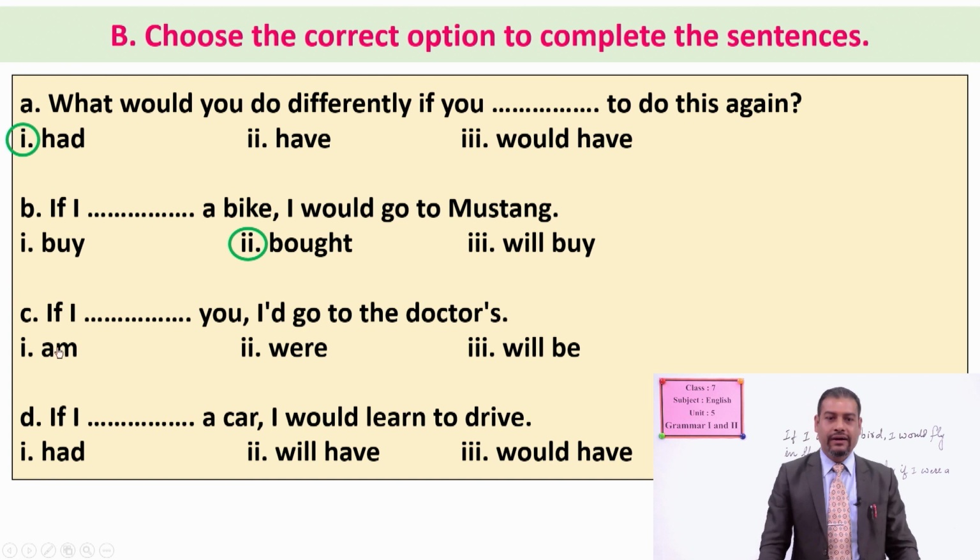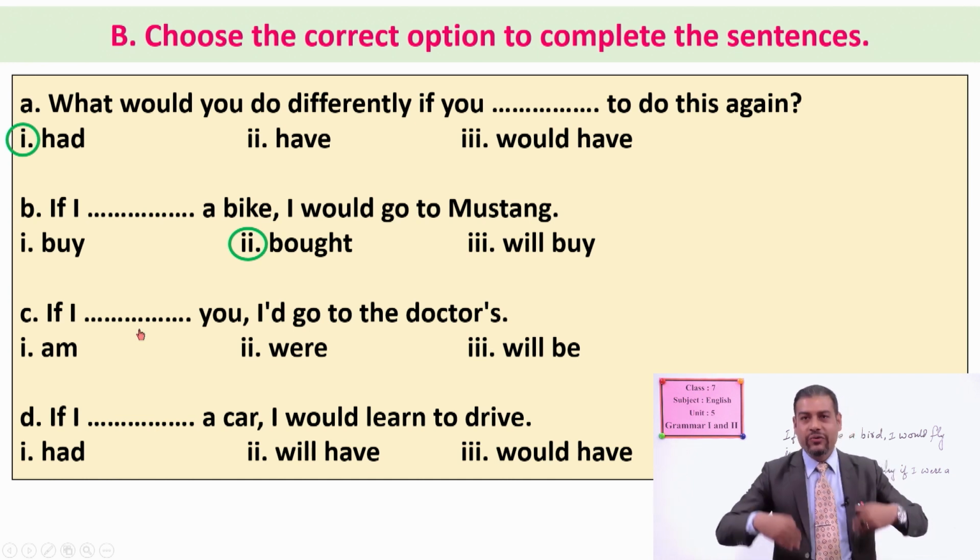Number C. If I blank space you, I would go to the doctor's now. Again here you have to see here I and we have apostrophe D. It means that contracted form of I would. Okay. So would plus infinitive again. So if we have would plus infinitive, you have to look at this part.